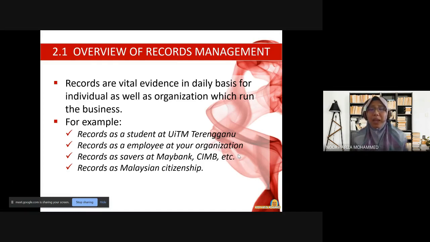And then another example, the vital evidence for an organization, for example, is your records as a student at UiTM Terengganu, your records as an employee at your organization, whether it is a big organization or a small organization, your records as a saver at Maybank, CIMB, or Bank Islam, and lastly your record as a Malaysian citizen. So it is very important for you to have your national identity card, your IC.